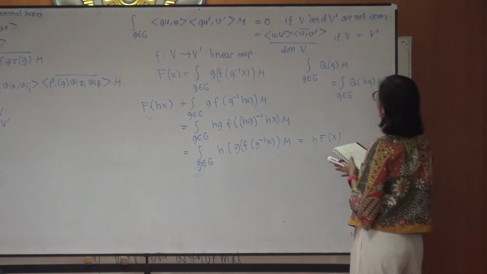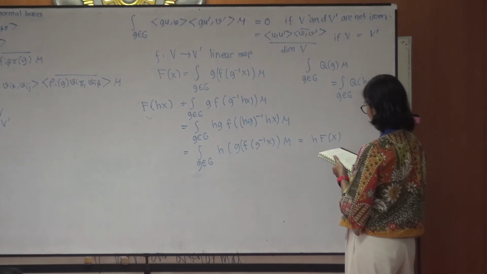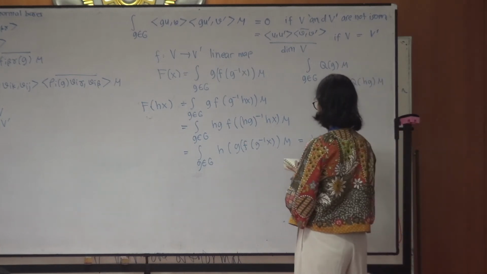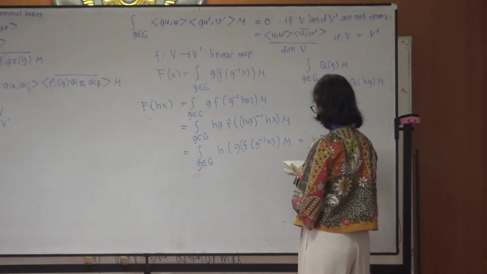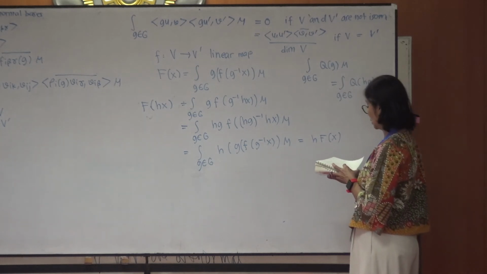And if V and V prime are not isomorphic, then we will get that F is 0.